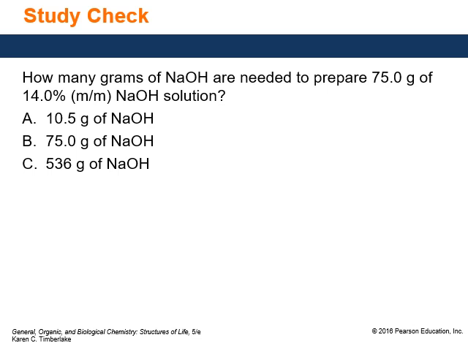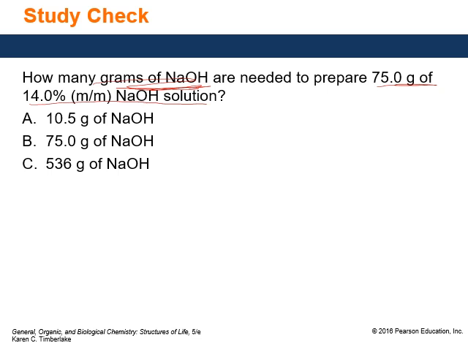So now let's try a question like this. The question says, how many grams of NaOH are needed to prepare a 75 gram of 14% mass over mass NaOH solution? So let's first figure out what exactly is given to us in question and what is it asking.